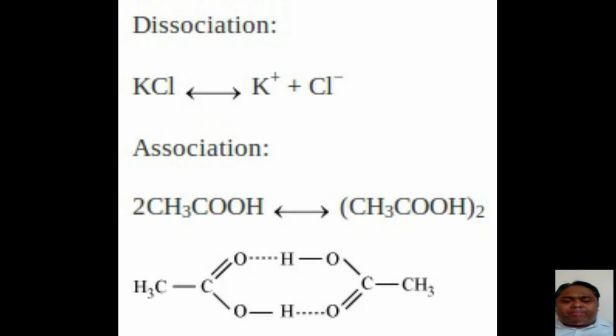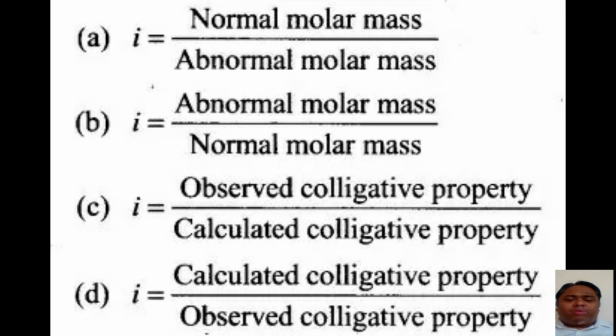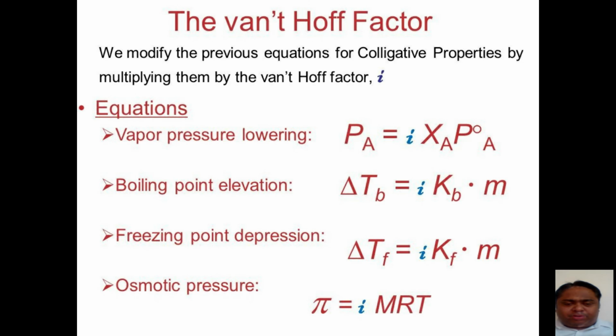So by converting these concentration terms with respect to the terms related to masses, we can find out the molecular masses of the substance. So we can exploit these equations to calculate the molecular mass by observing the colligative properties of the solution.